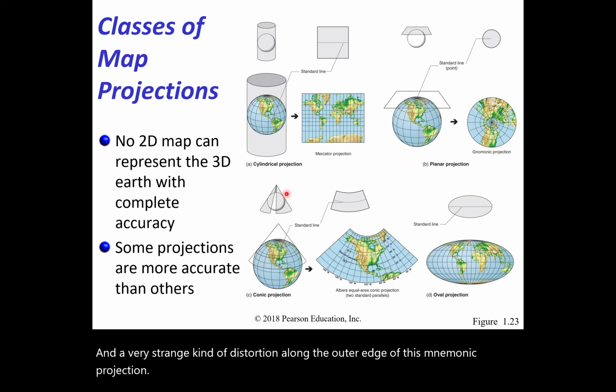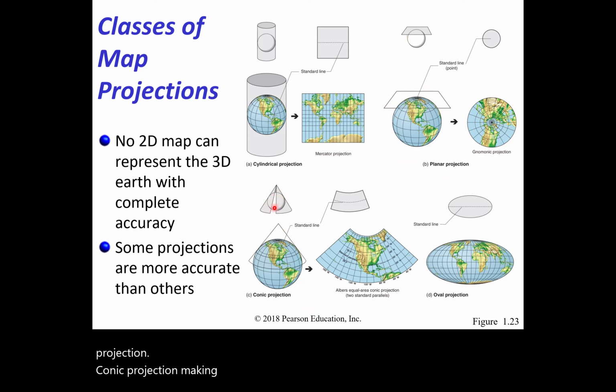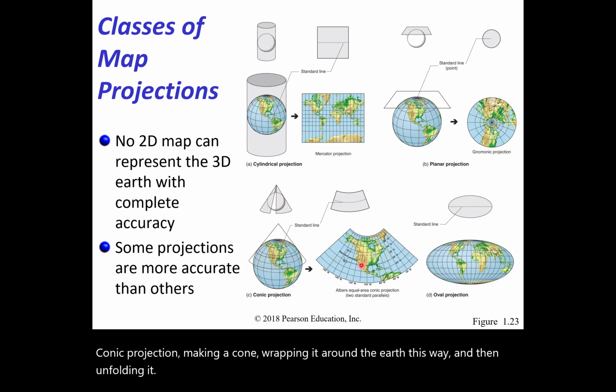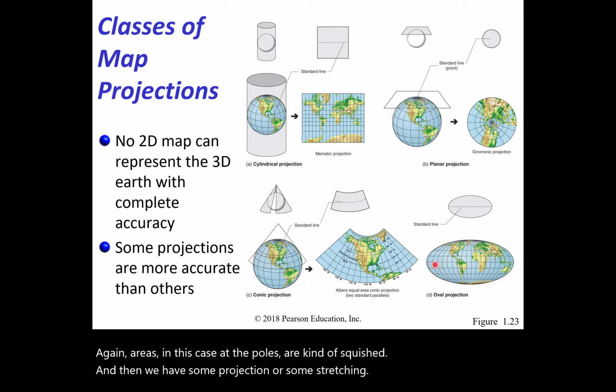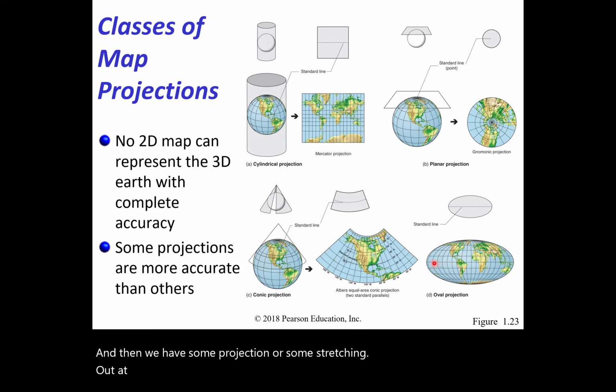Conic projection, making a cone, wrapping it around the Earth this way, and then unfolding it. Oval projection, again, areas in this case at the poles are kind of squished. And then we have some stretching out at the equator in certain spots.